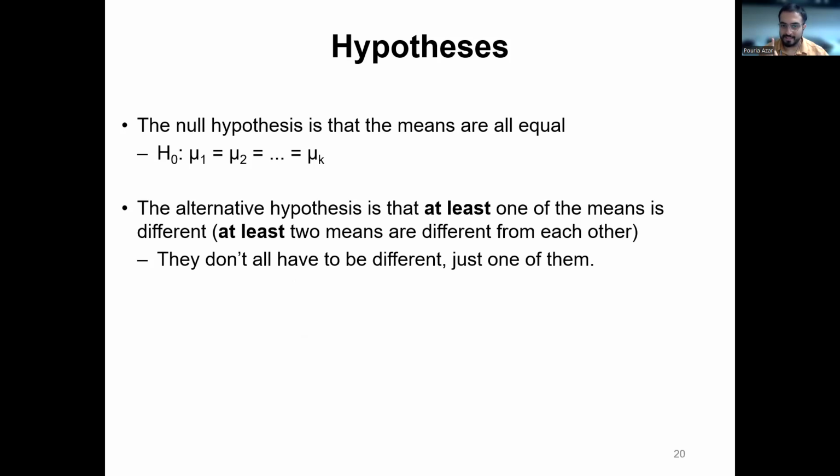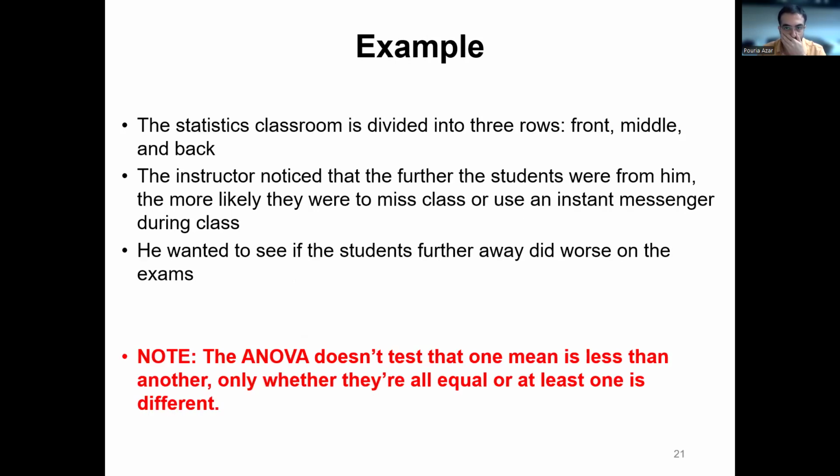If we have at least one of the means different from another mean, that's our alternative hypothesis. They don't all have to be different, just one of them. Just one of the means can be different from other means. That's what we are looking at.